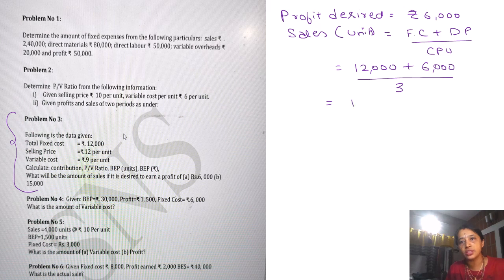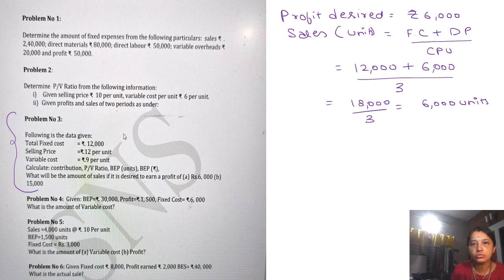You get 6,000 units. So if you make a sales of 6,000 units, you will get a desired profit of rupees 6,000. Let's verify.